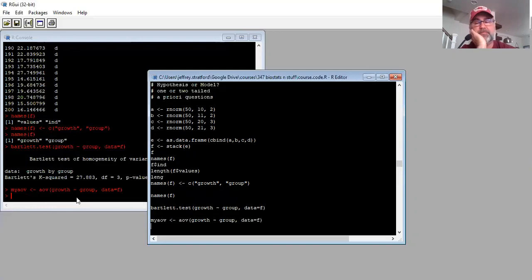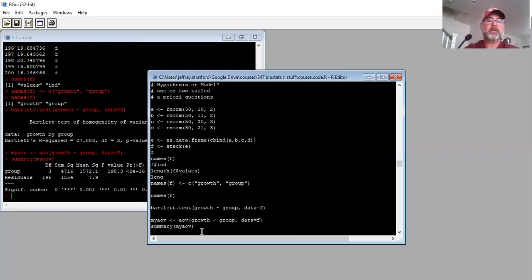It's just a return cursor. So if you want to get results, you can just type in my AOV, but it gives you incomplete results. What you need is summary. We want a summary of my AOV. What does that tell us?